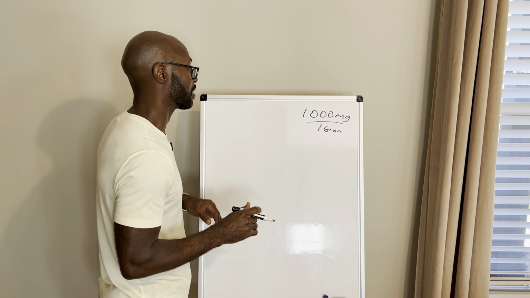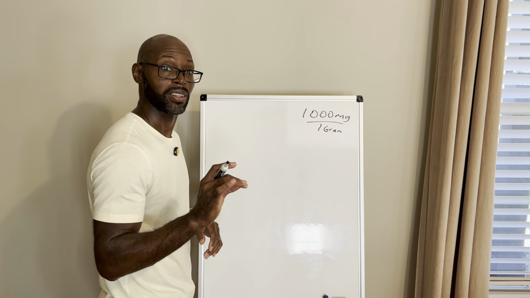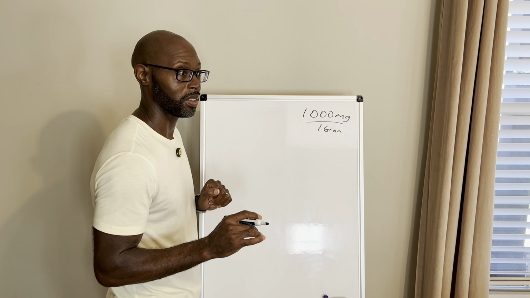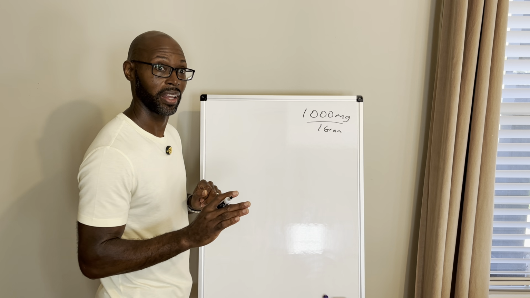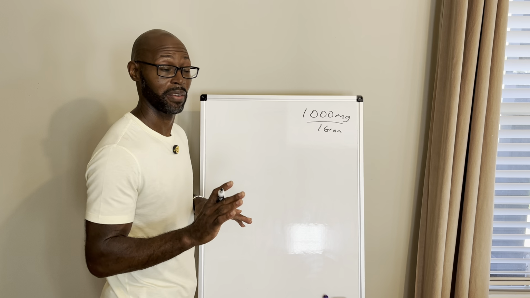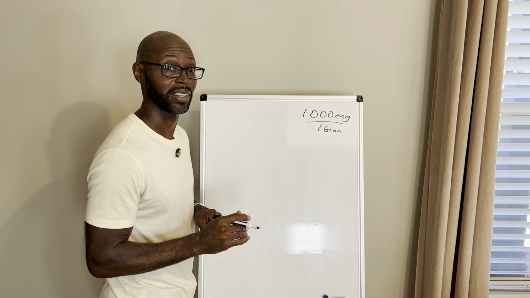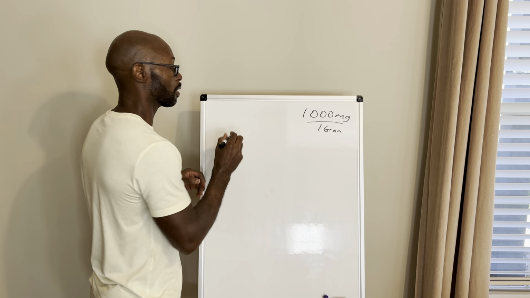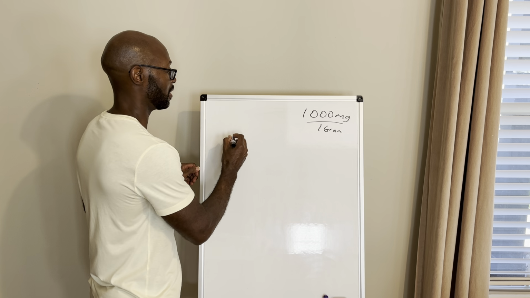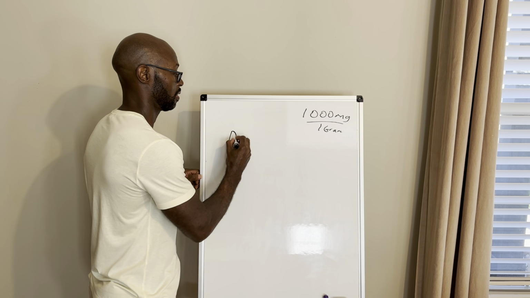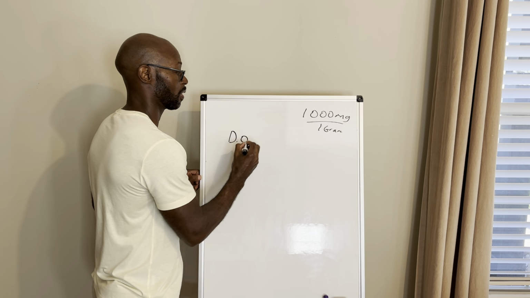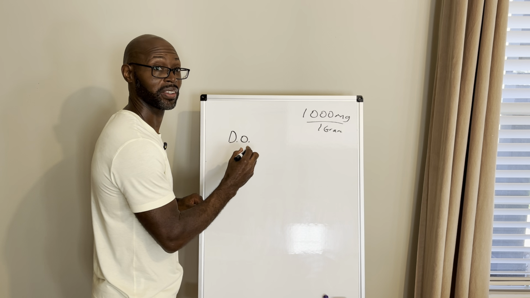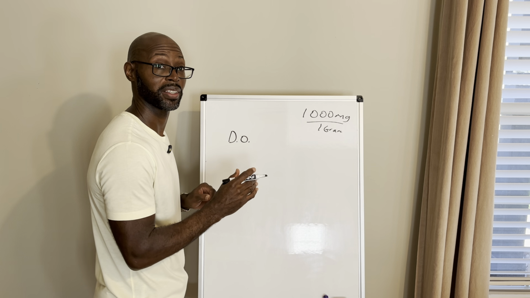Okay. All right. So I like to start off with knowing what the doctor ordered and what we have on hand, or the pharmacy has on hand. So to abbreviate, I'm going to write DO. That's going to mean doctor ordered. That's what the doctor ordered for the patient.